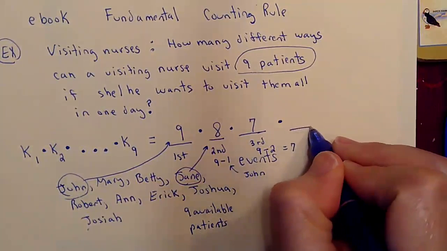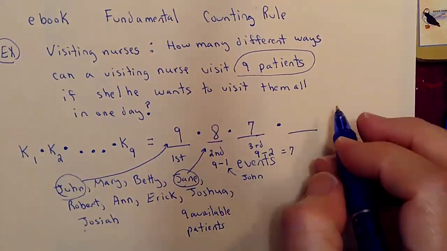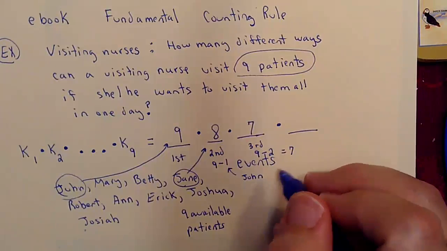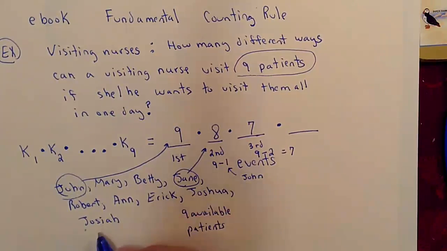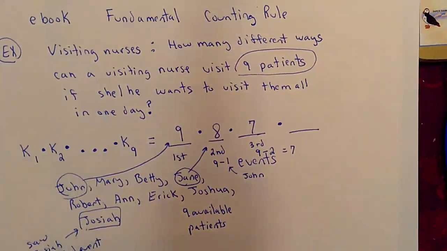And then this is going to continue. You're going to keep decreasing by 1. Let's say you saw Josiah at the third event, or the third outcome.